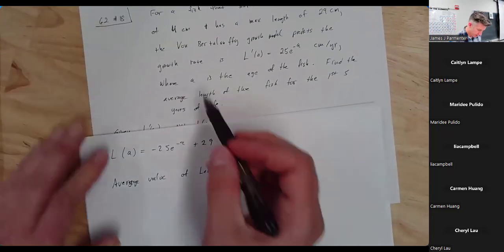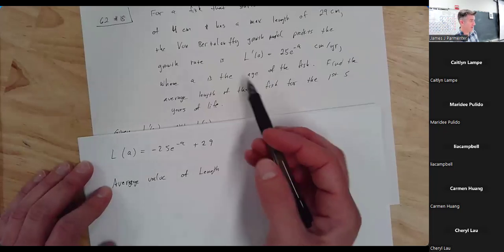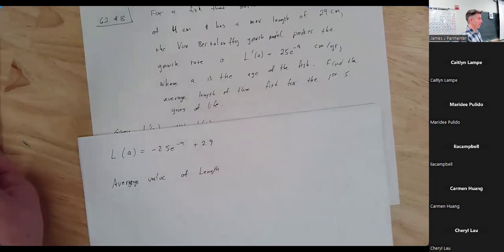They really did give us the growth rate and then asked us to find the average length of the fish. So to find the average value of something, you're finding the integral of that function that represents that thing. So since they said find the average value of the length of the fish, we have to integrate the function that is the length of the fish.